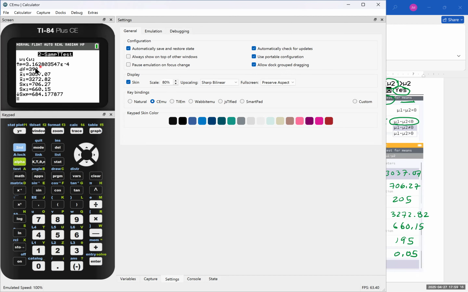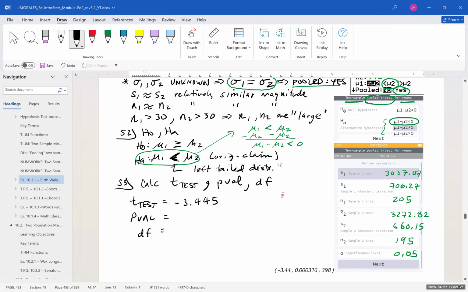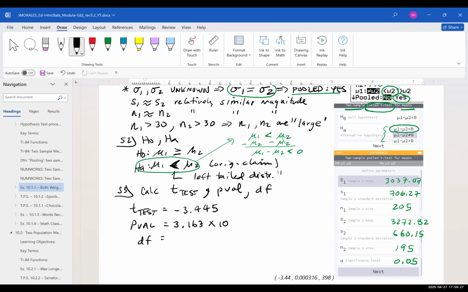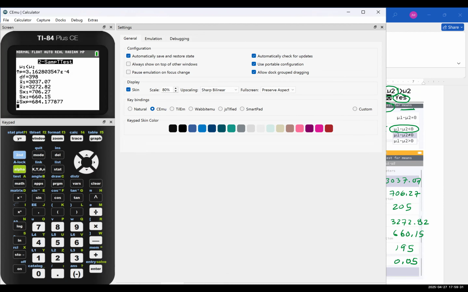3.16, I'm just going to say 163. So 3.163 times 10 to the minus 4. That's what this E minus 4 represents.